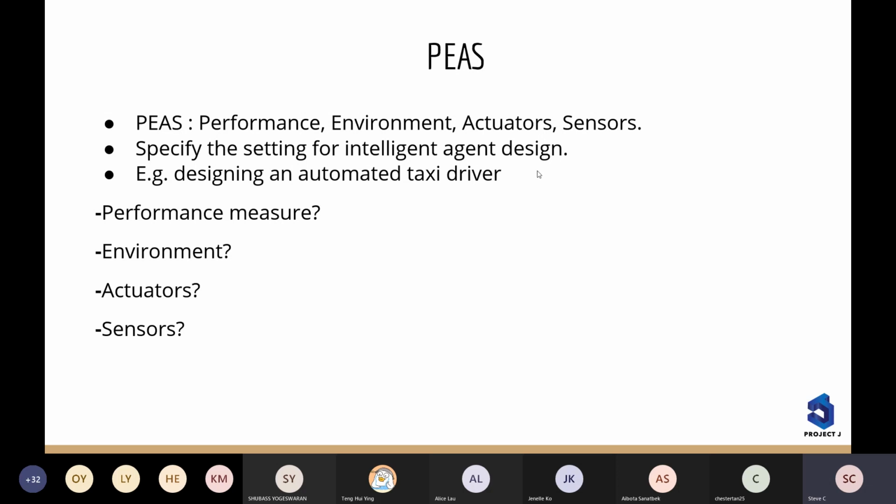You would use PEAS as a tool to help you design an intelligent agent in terms of the performance. So we learned some of these new terminologies in the first session: performance measure, environment, actuators, and sensors. We learned about the definitions in the first session, but now let's go into how we actually apply it in this model.